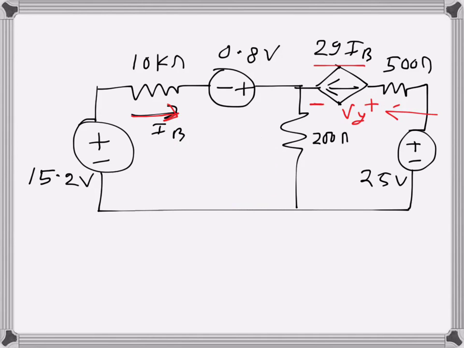So I'm erasing that, and I should be careful in this particular circuit about the units of the resistances. This one is in kilo ohms, while these two are in ohms.